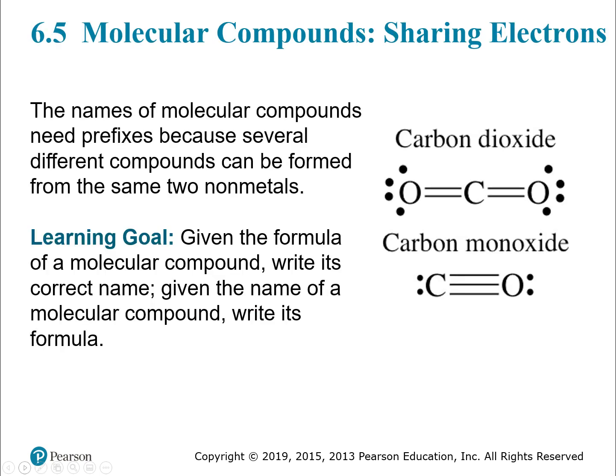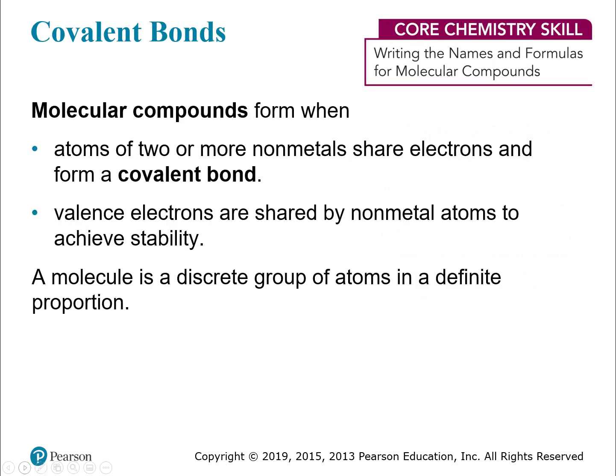Almost done, y'all. We talked about ionic compounds, but now we have to talk about covalent compounds. These are molecular compounds. So a molecular compound forms when you've got nonmetals sharing electrons and forming covalent bonds.